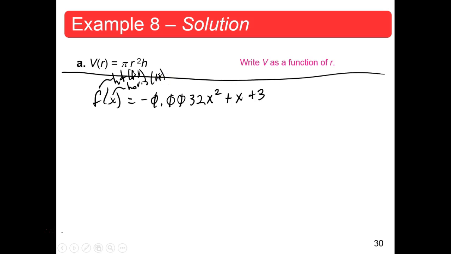Now, when x equals 0, where is the baseball? Home plate, right? 0 from home plate. And 0 from home plate, what is the height of the baseball? 3 feet. That's what the problem said. That's where you hit it.